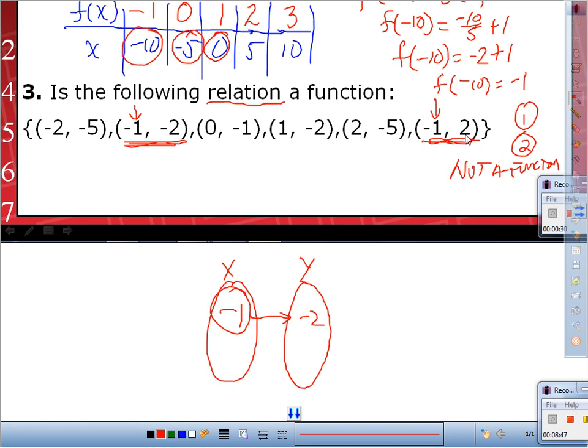And what's the other output? 2. How many output values for -1? 2. That's why this is not a function. Copy this in case you want this as reference. So basically, instead of doing the whole diagram, we're just checking by seeing if it repeats. Does that make sense? Yes.